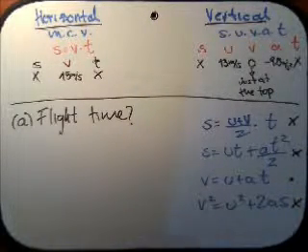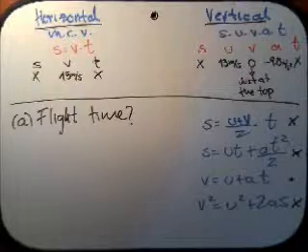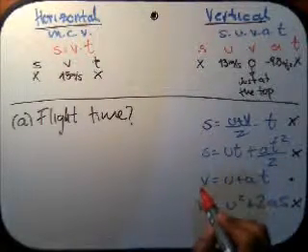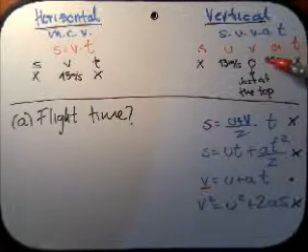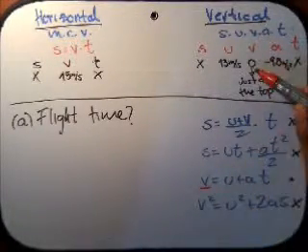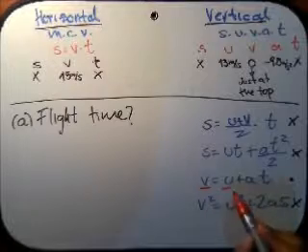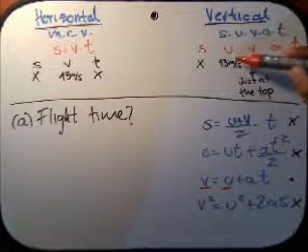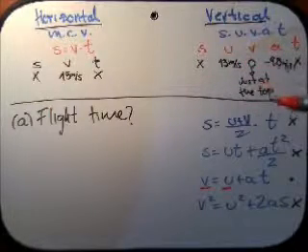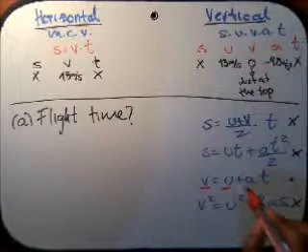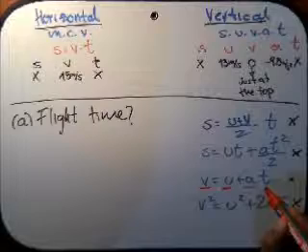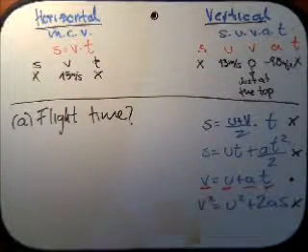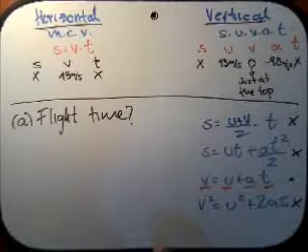So the only equation that would allow me to find the time is the third equation, because we know the final velocity, which at the top is 0. We know the initial velocity, vertical initial velocity, which is 13, we found by using sine. We know the acceleration, right? And we need to find the time, so we can use this equation down here to solve for the time.